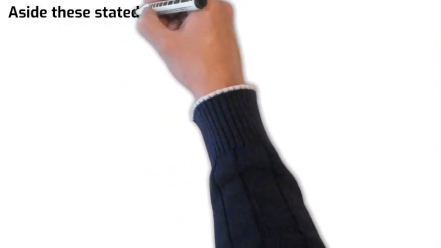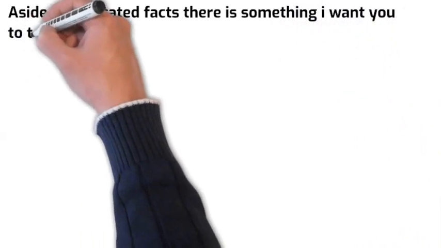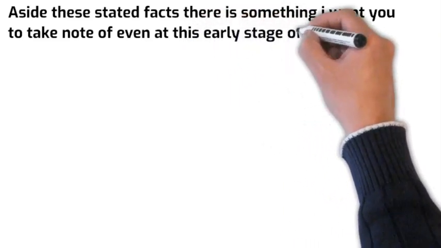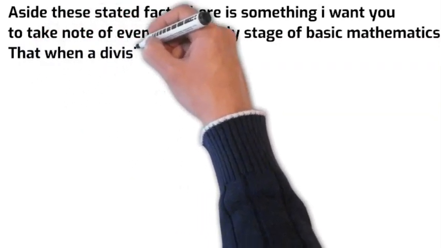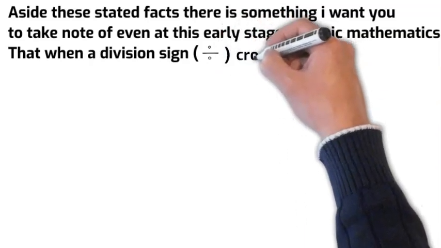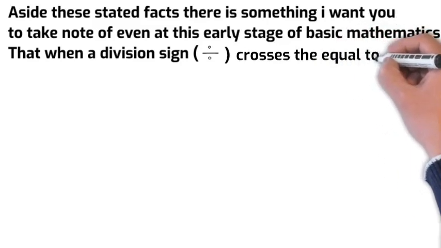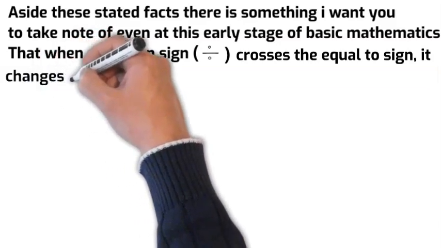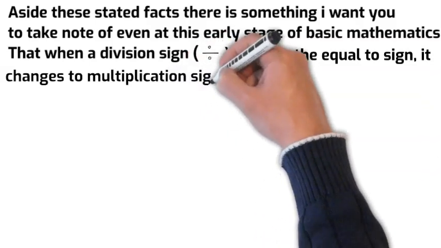Aside from these stated facts, there is something I want you to take note of, even at this early stage of basic mathematics: when a division sign crosses the equal to sign, it changes to a multiplication sign.